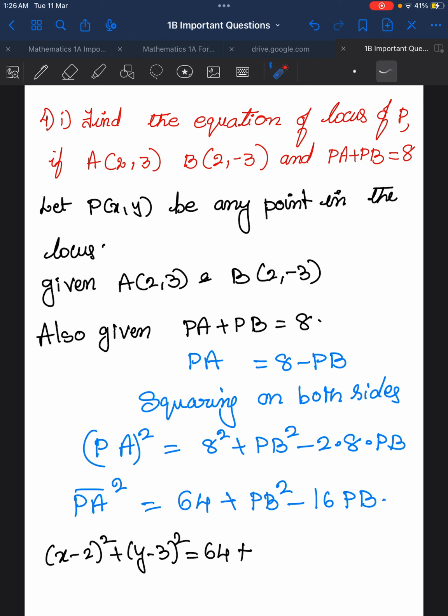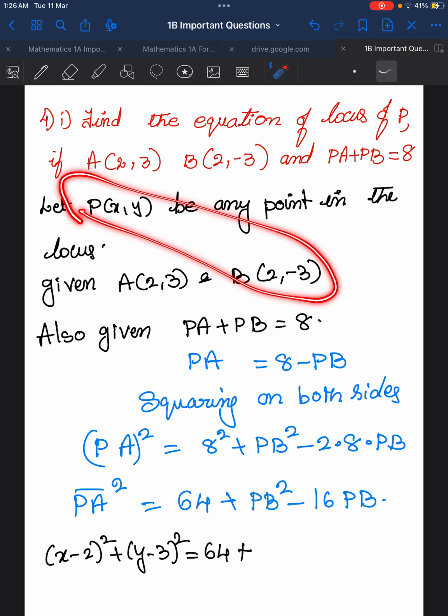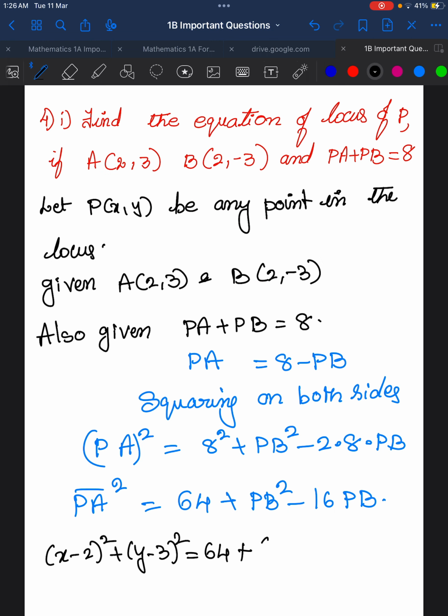PB square. Again see what is P, what is B. x minus 2 whole square plus y plus 3 whole square. But don't substitute the formula for PB. Why? Because PB means we'll get the answer in terms of square root. So that's why minus 16 PB we have left it. Now x minus 2 whole square will become x square minus 4x plus 4.